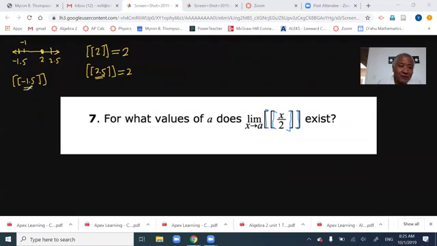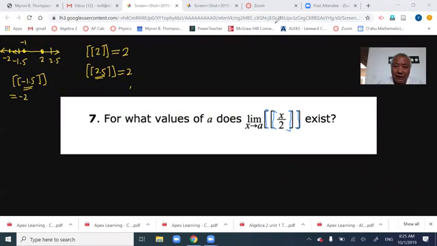It cannot be negative 1.5 because that's not an integer. So the greatest one still less than negative 1.5 is negative 2. The answer must be negative 2. This is just a quick review of the meaning of the greatest integer function.